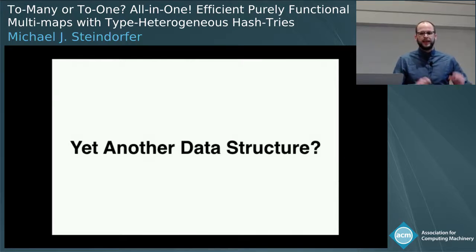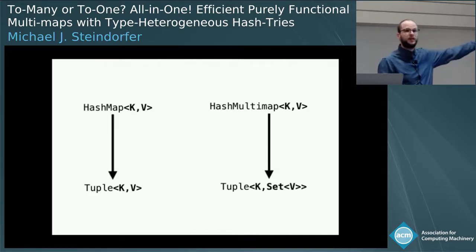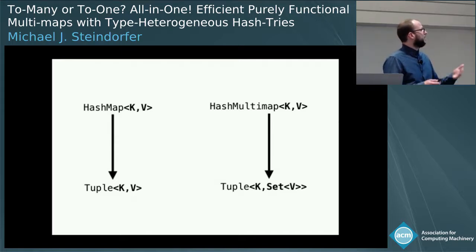Well, let me take a step back and look once again at the differences between a map, that's already in a collection library typically everywhere, and the multi-map. Essentially, the difference is that in one case, I'm restricted to one-to-one mappings between keys and values. And in the other case, I'm free to associate multiple values with a key as well.